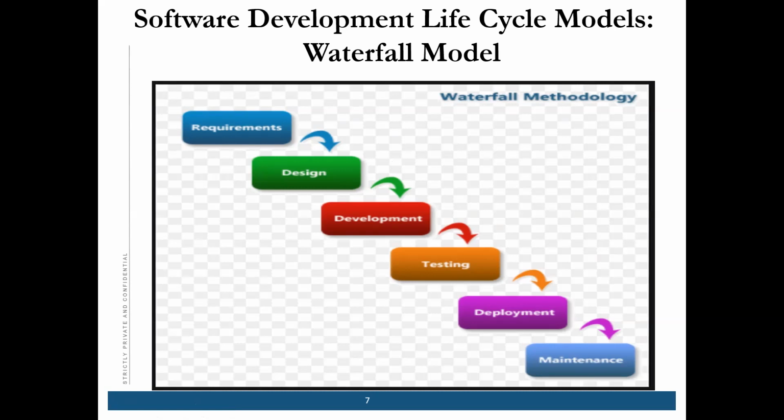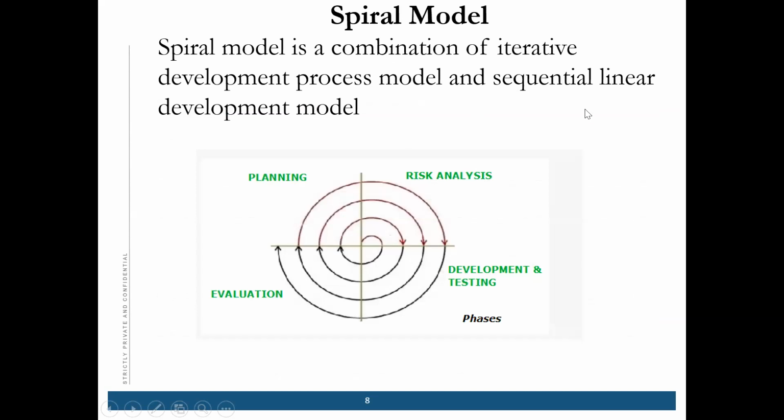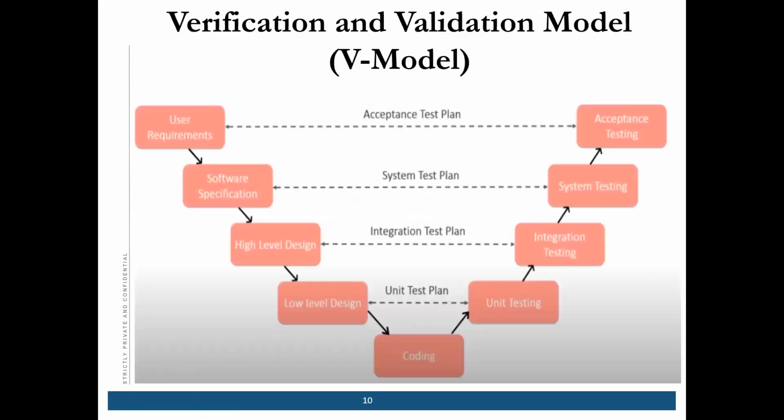These steps repeat again and again, and that is called iteration. There's one iteration, then a second iteration, a third iteration, and so on. That is called the iterative model. So the V model is also an iterative model. Once the requirement changes, again we write our test cases and start our testing. That is the agile model also.